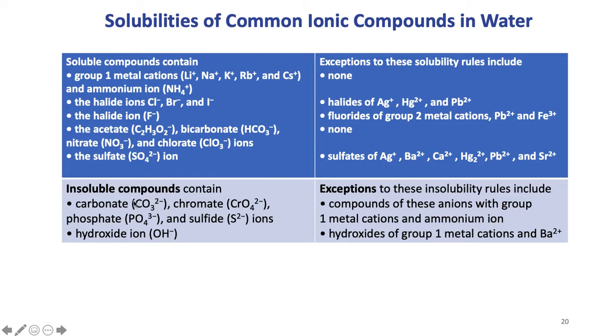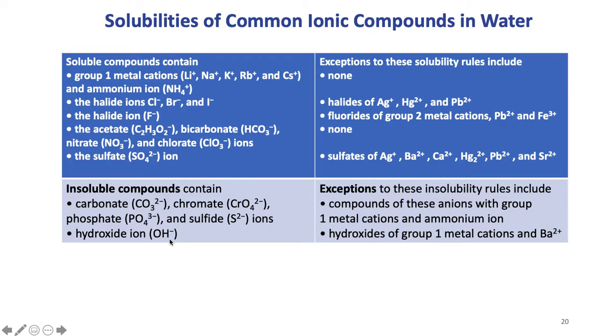Here are the insoluble compounds: carbonates, chromates, phosphates, sulfide, hydroxide. Typically compounds that contain these anions are insoluble, except if these anions are paired up with group 1 metal cations and ammonium ions, and the hydroxides of group 1 metals and barium 2+.